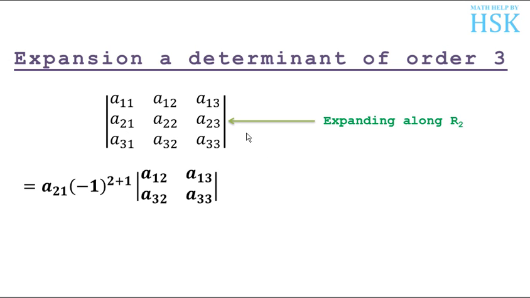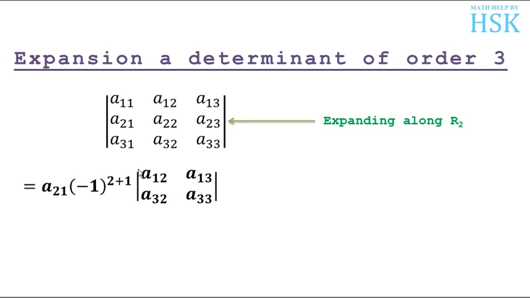The expansion is equal to, first we take the element in the second row, that is the first element of the second row, the element located in the second row and the first column, that is a21. This is multiplied by minus 1 to the power of 2 plus 1, that is the location, second row and first column.